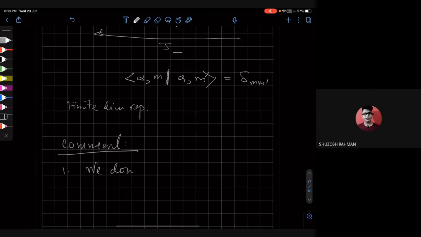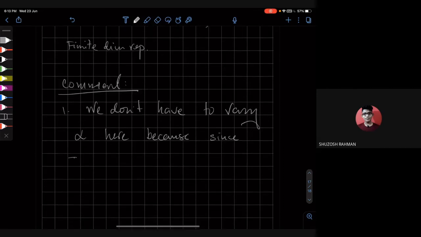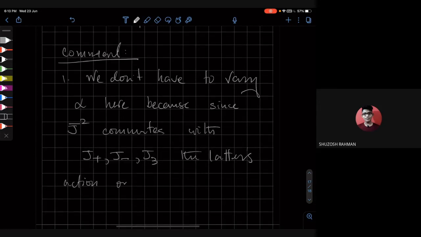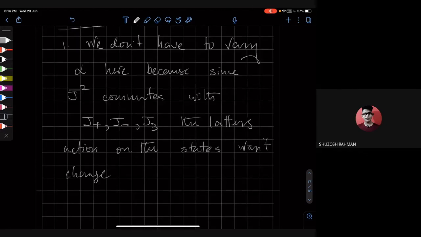We don't have to vary alpha here, because since j squared commutes with j plus, j minus, and j3, the latter actions on the states won't change the value of alpha.